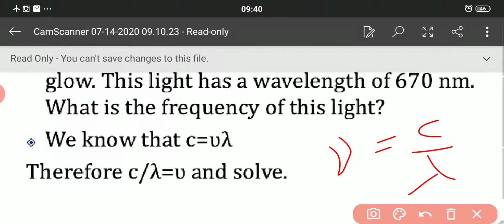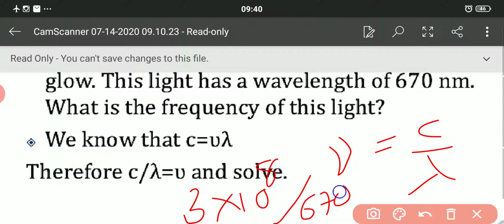So the value of c is 3 × 10^8 and 670 × 10^-9. After simplifying this, you will get the value of mu.